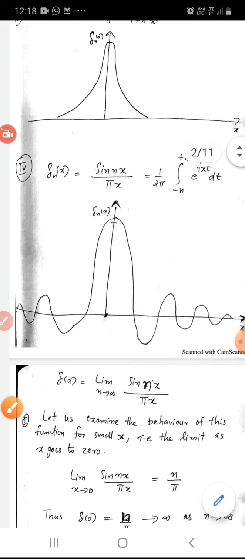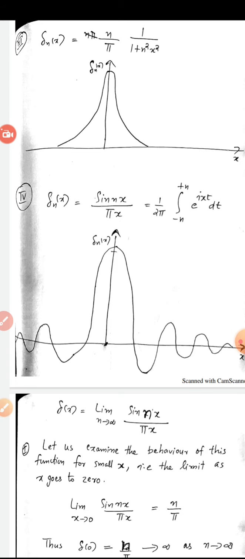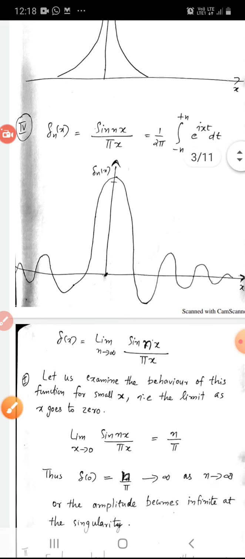The fourth one, which is more commonly used, is delta nx equal to sin nx by pi x. As n tends to infinity, this will represent the Dirac delta function.